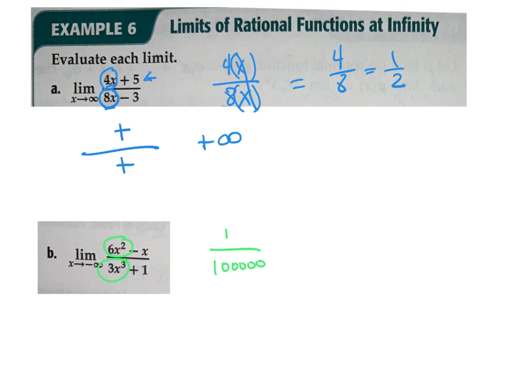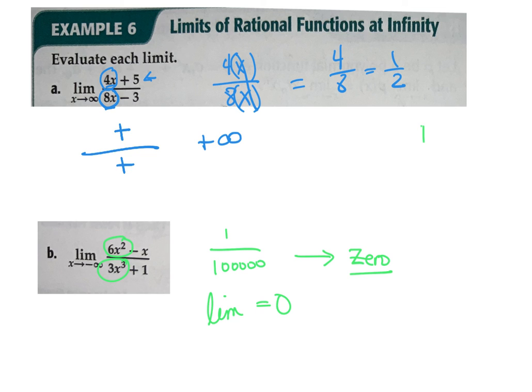What are my rules? Remember my rules for asymptotes? When your denominator is bigger than your numerator, you're moving towards 0. Your limit here is 0. My denominator is getting exponentially larger than my numerator. Does everybody see that? So remember your rules.